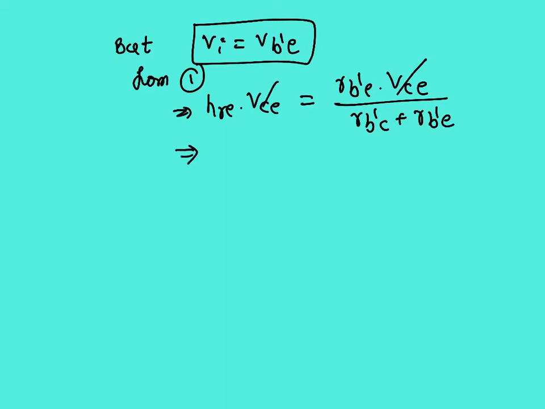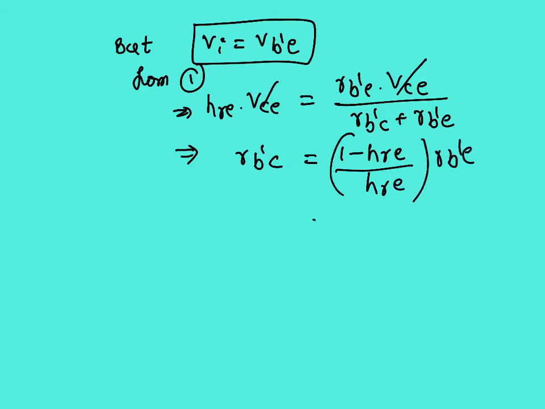If you solve this, we get rb'c equal to (1 minus hre) by hre into rb'e. Here hre is far less than 1, so rb'c is equal to 1 by hre into rb'e.